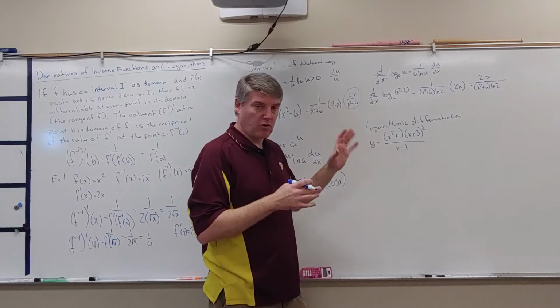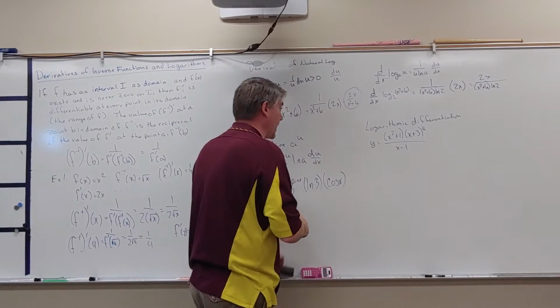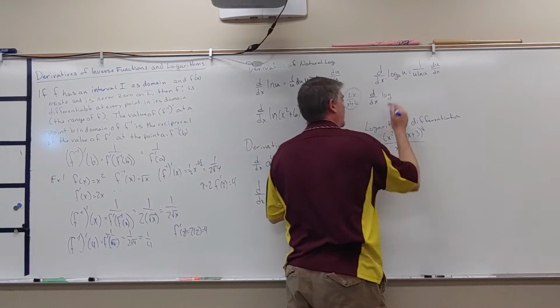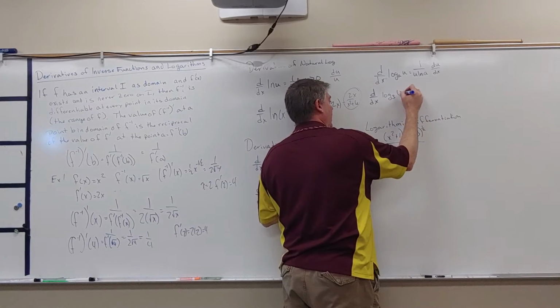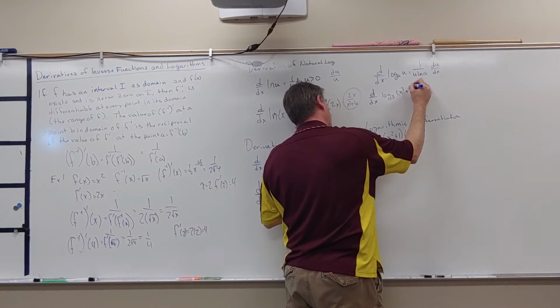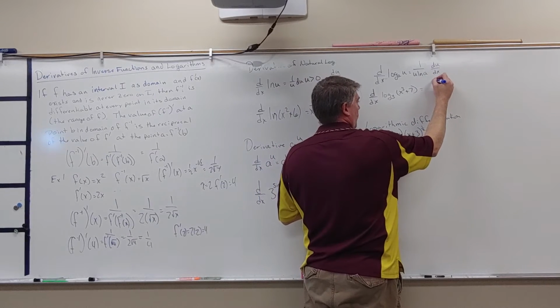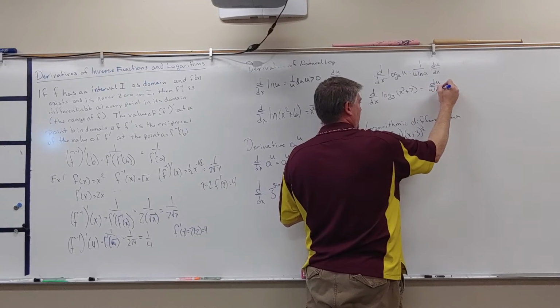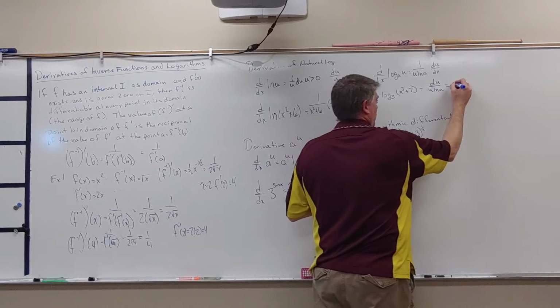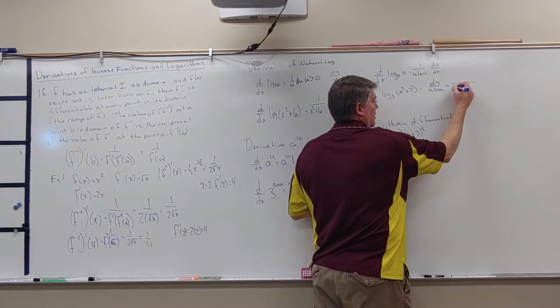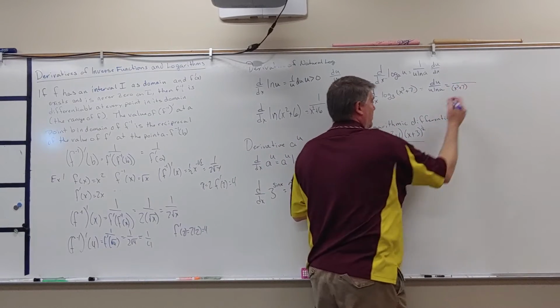Maybe we should do one more of those just to be on the safe side. So let's say I have log base 3 of x cubed plus 7. So that's du over u natural log of a. On the bottom, I have my u, which is the piece inside, x cubed plus 7.